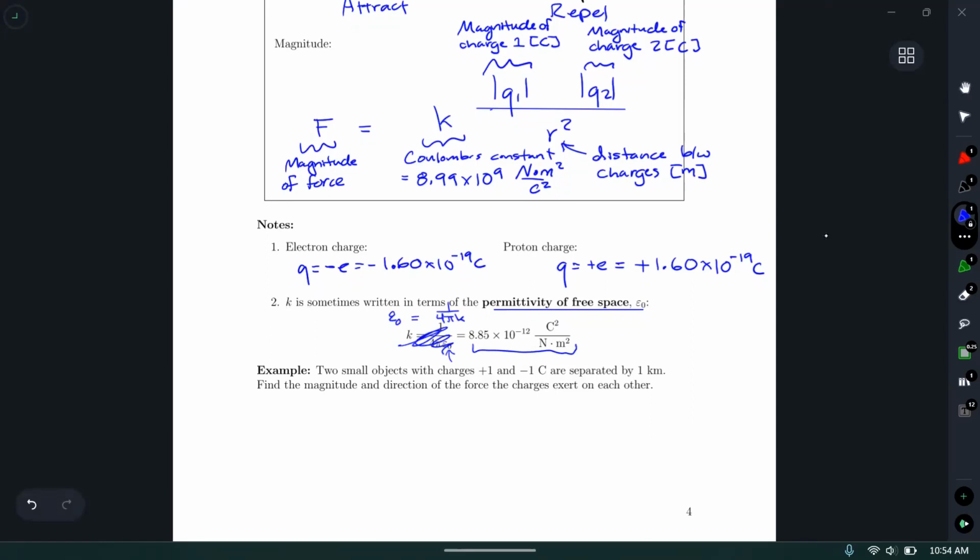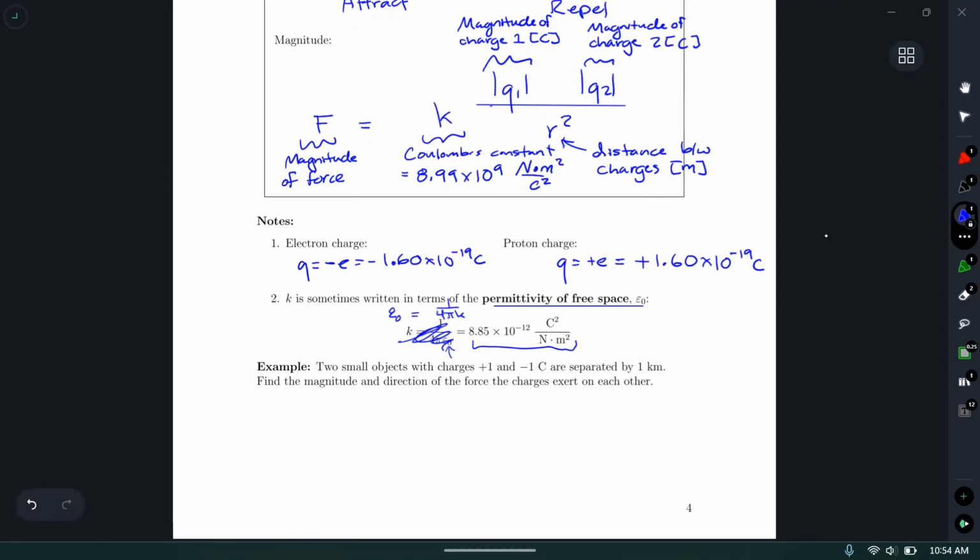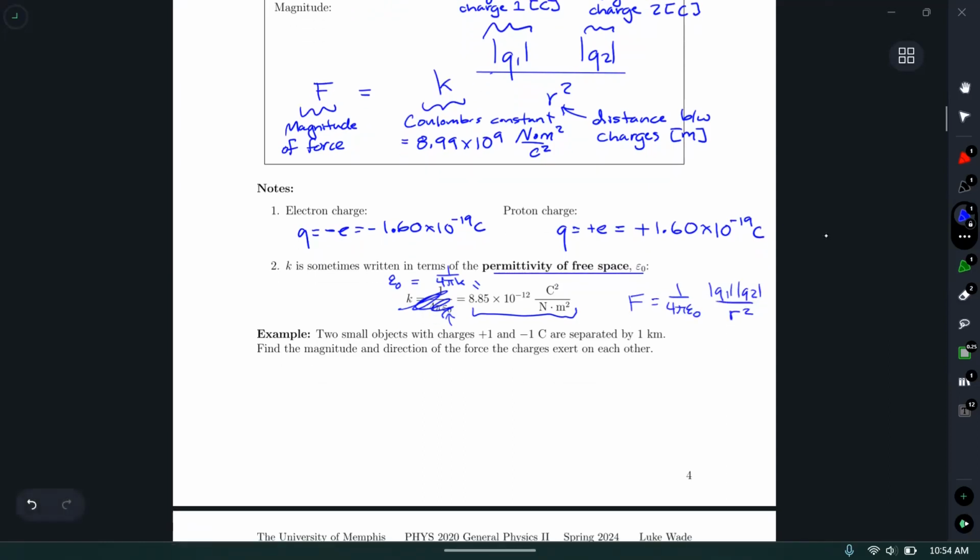I meant to fix up this number on the right, but I mismatched things between stuff. So epsilon 0 equals 1 over 4 pi K, which equals 8.85, and so on and so forth. And so you could also write Coulomb's law as F equals 1 over 4 pi epsilon 0 Q1 Q2 over R squared. That's an alternative way to write it.